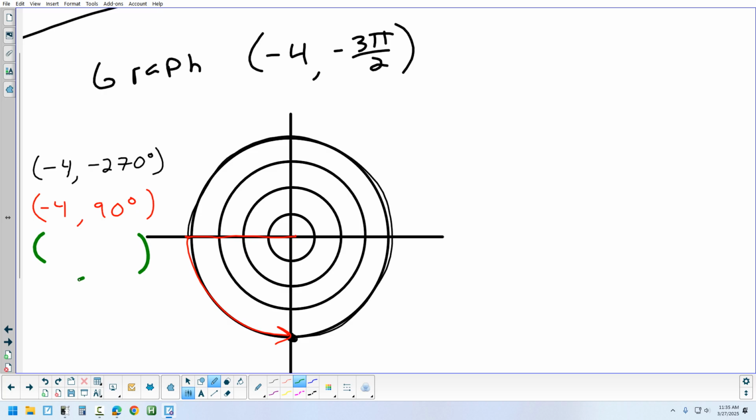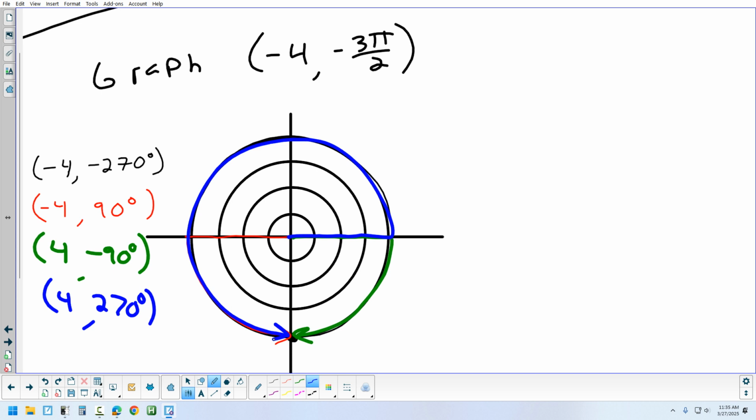Positive 4, -90. So 1, 2, 3, 4. So good, -90. What's another way? Positive 4, 270. 1, 2, 3, 4, and then go 3/4 of the way around.